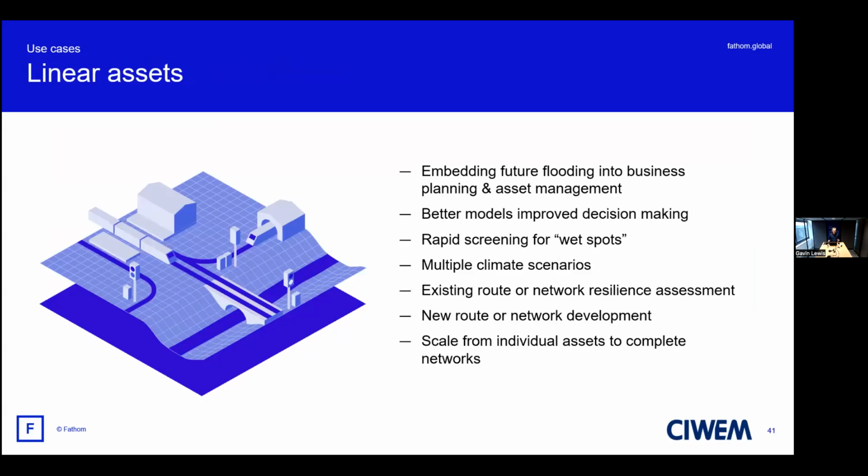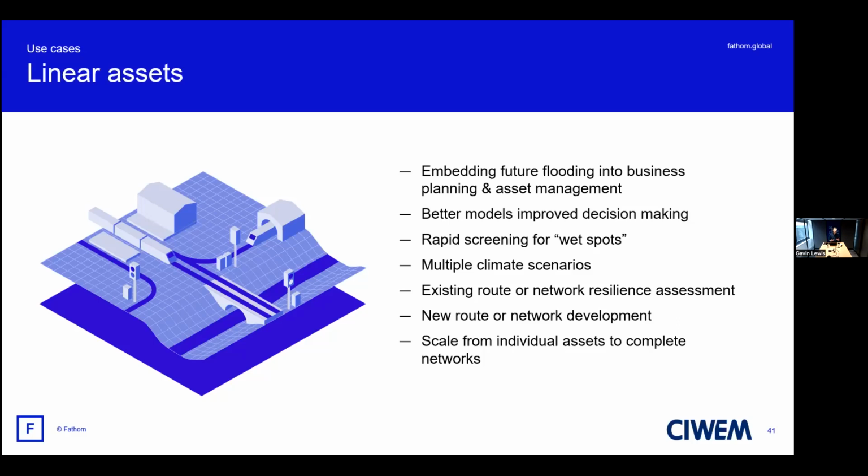When we're looking at linear assets, we're living in a world now where extreme flood events have recently become more business as usual under a changing climate. So there's a critical need to enhance asset resilience to accommodate the impacts of climate change, to raise the threshold of what we believe to be acceptable risk.